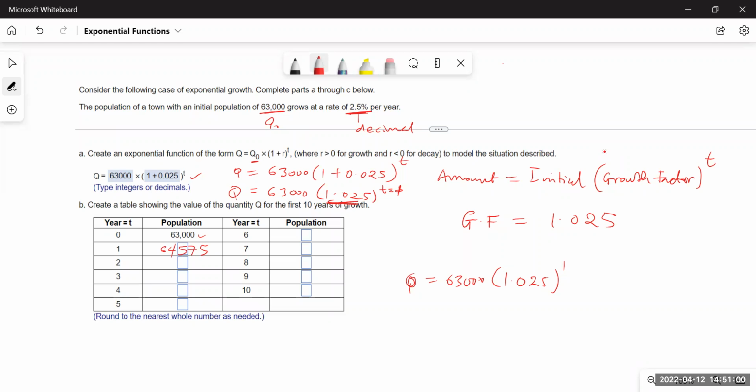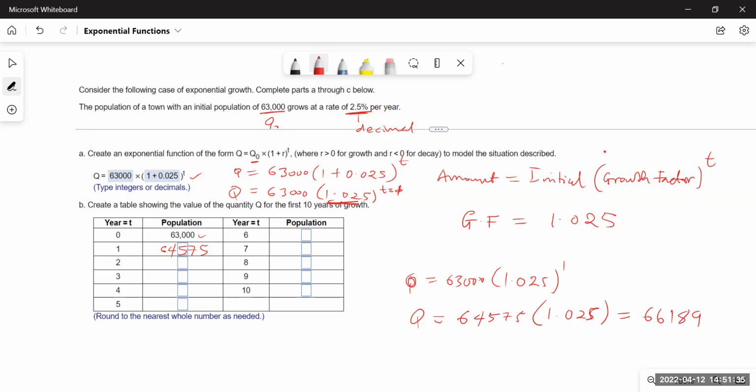Now, when you want to find what the population will be as at year number 2, now that we have the growth factor, you can just do Q will be equal to the previous year, which is year number 1, 64,575, multiplied by the growth factor of 1.025. This will give you 66,189.